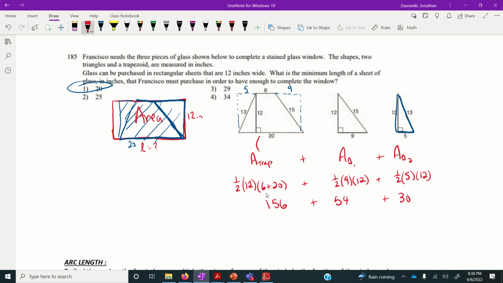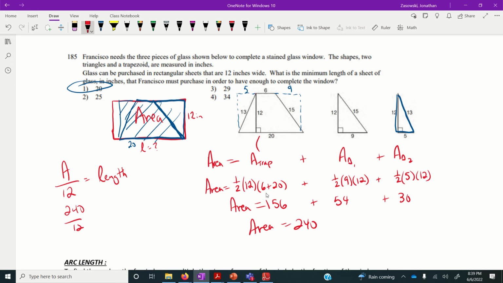So you can type it all in your calculator. This is going to be the total area, and so if we just take the area and divide it by 12, which is the height, that'll give us the base, or the length. So 240 divided by 12 is equal to 20, and that's another way that we can get the length.